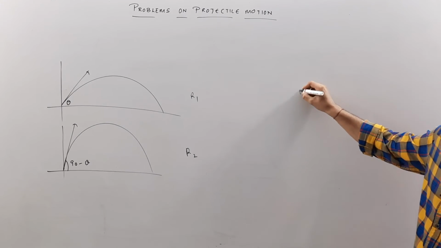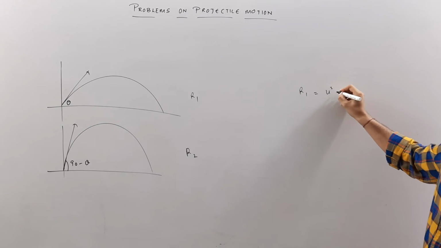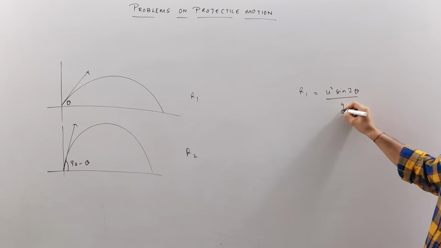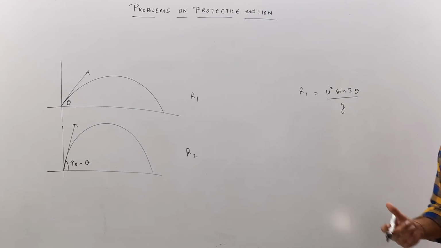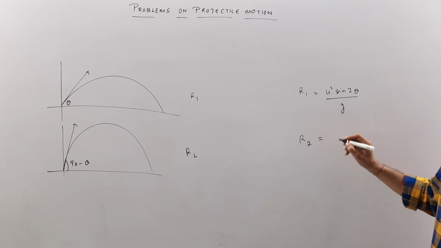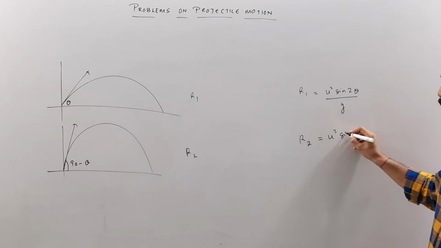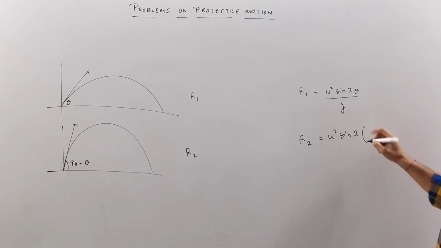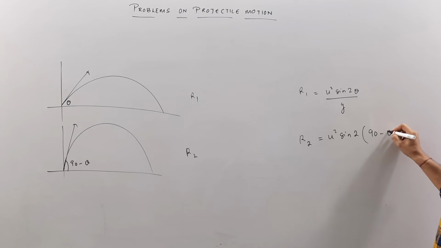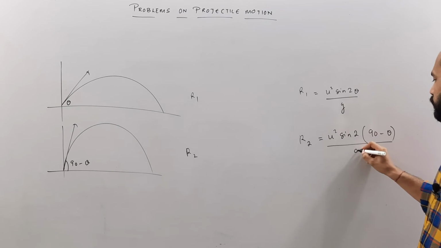So range R1 is going to be u square sine 2 theta by g. That's the basic formula that I have applied. Now range R2: in this case, theta is replaced by 90 minus theta, so we get u square sine of 2 times (90 minus theta) by g.